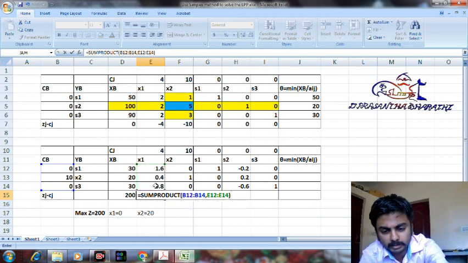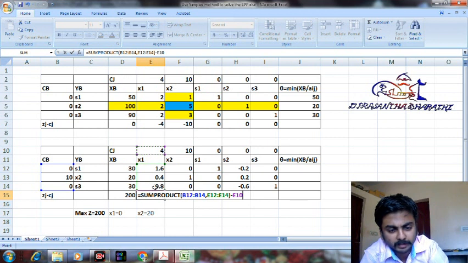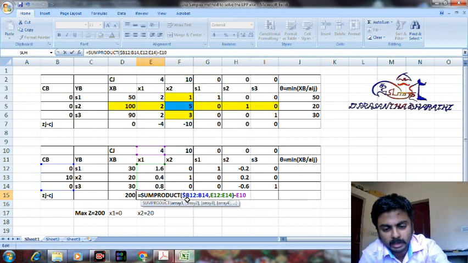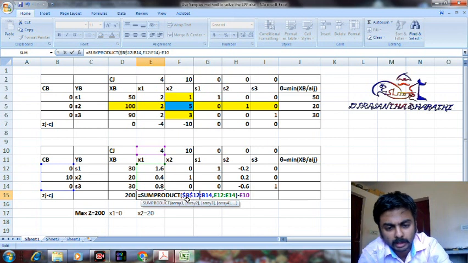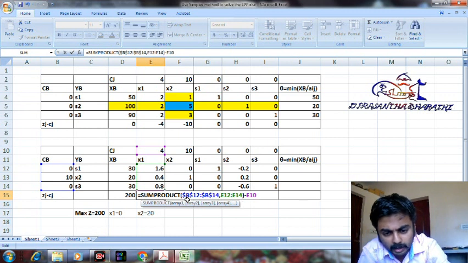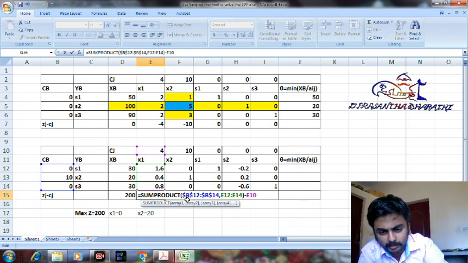We are locking this because we want to use the CB value to get all the values of the row.